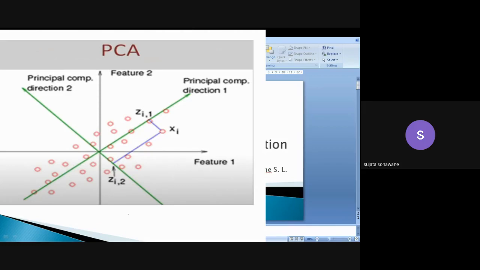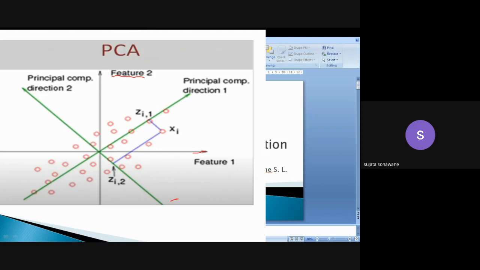Along the x-axis we have shown feature 1, and along the y-axis feature 2. So x1 is feature 1 and x2 represents feature 2, and we have plotted all these points, shown in red color.